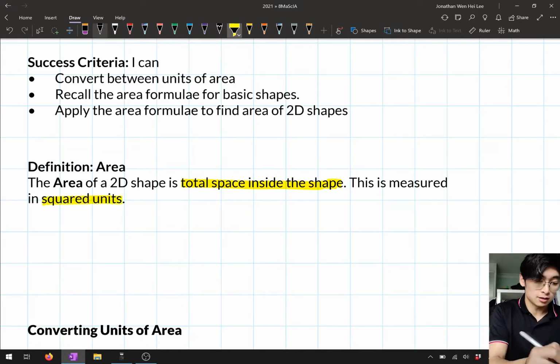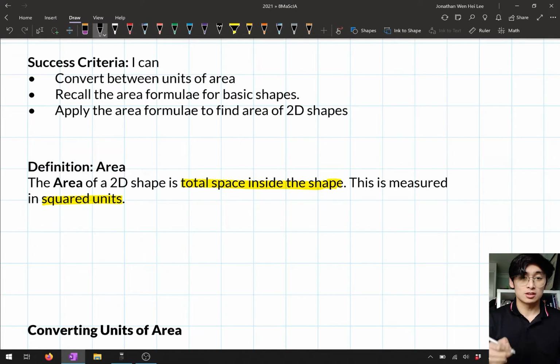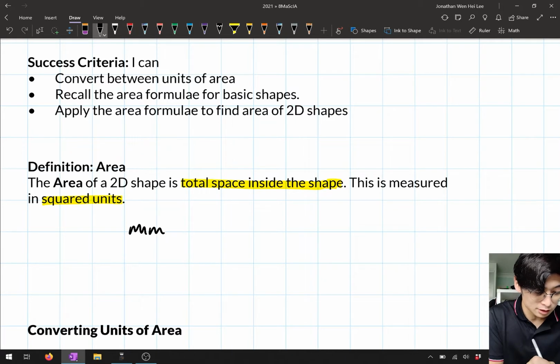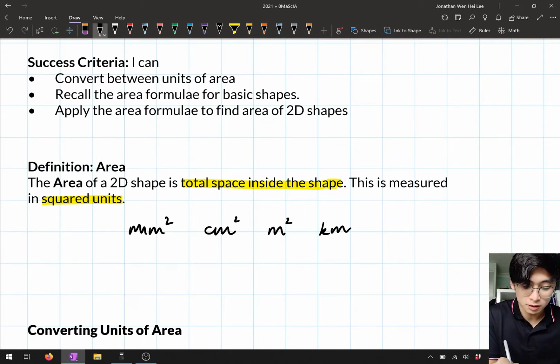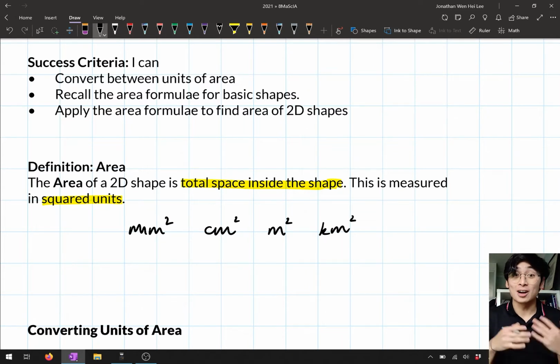So we square the units: millimeters squared, centimeters squared, meters squared, and kilometers squared. The first thing we want to be able to do is convert between squared units.